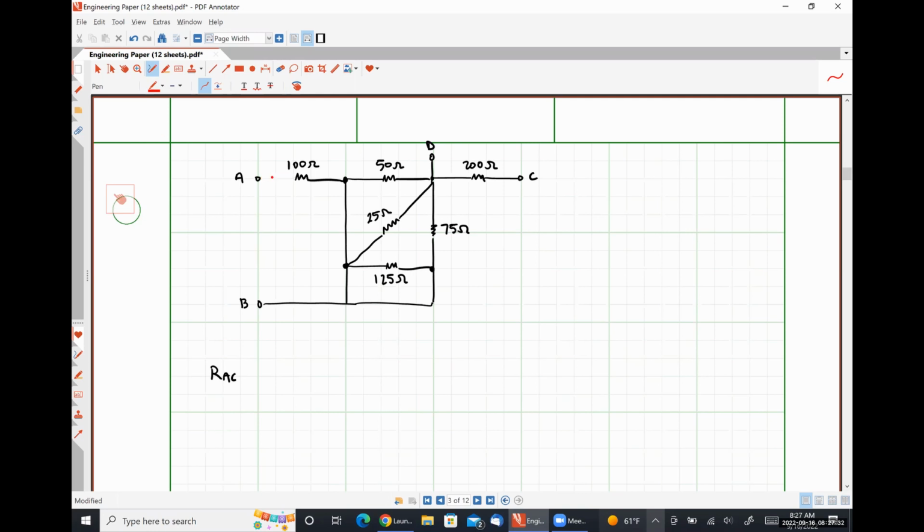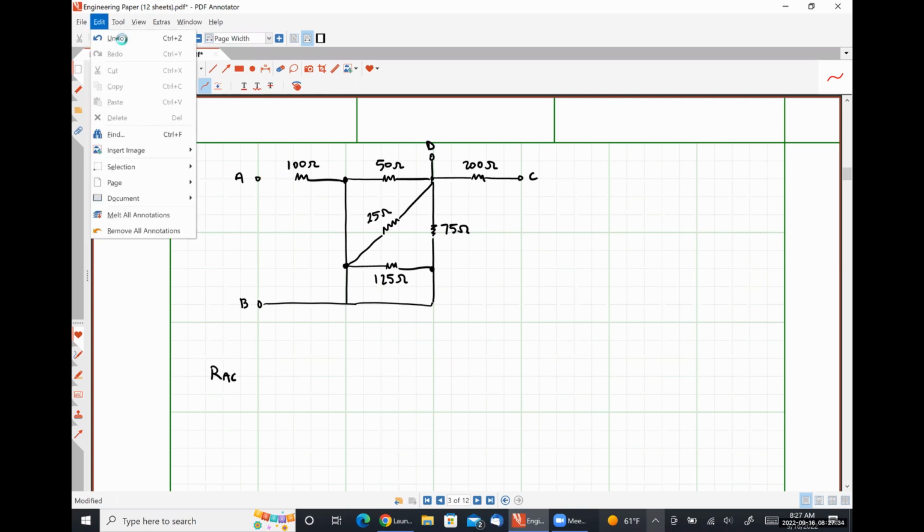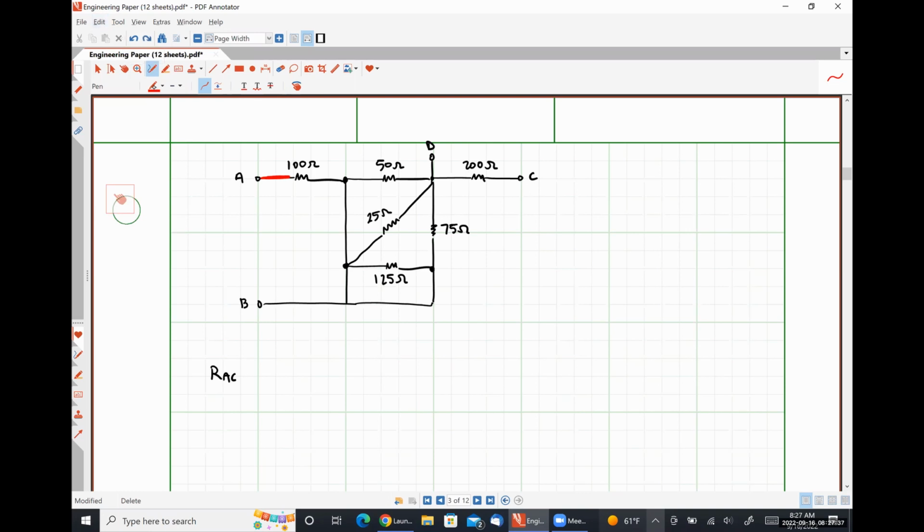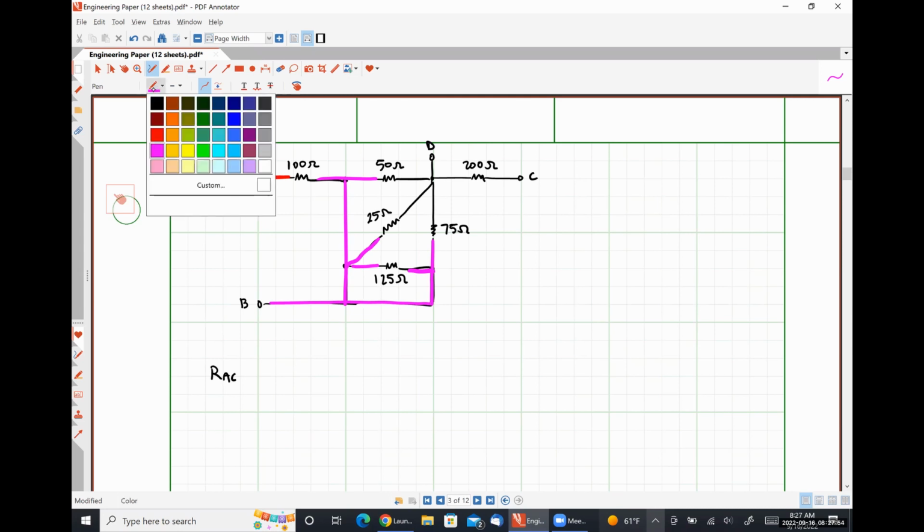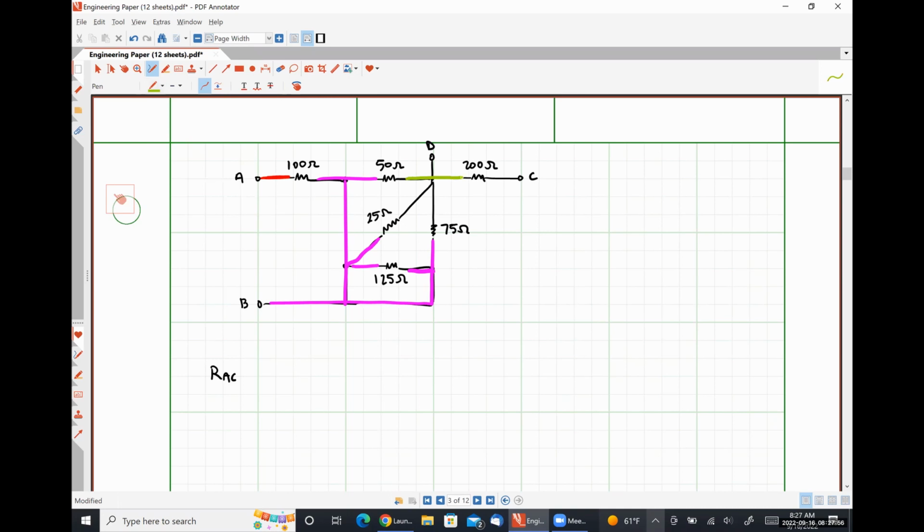So this red thing here is going to be node A. This pink thing here is all node B. This green thing here is node D. And this blue thing over to the right is node C.